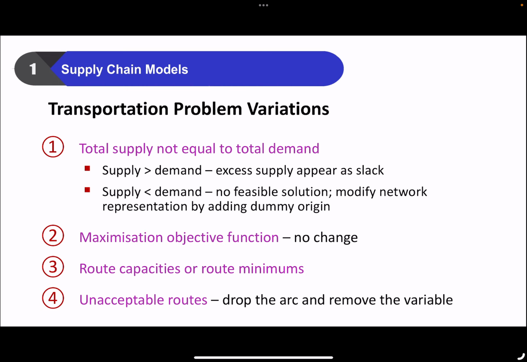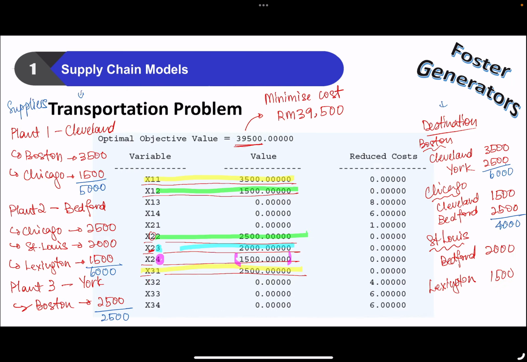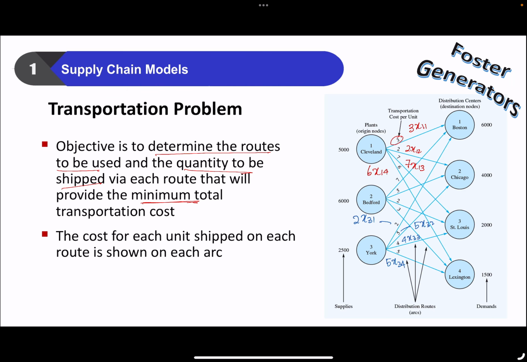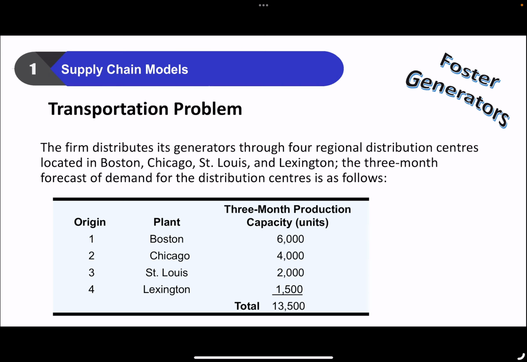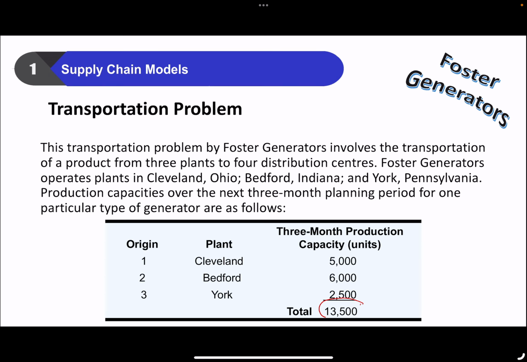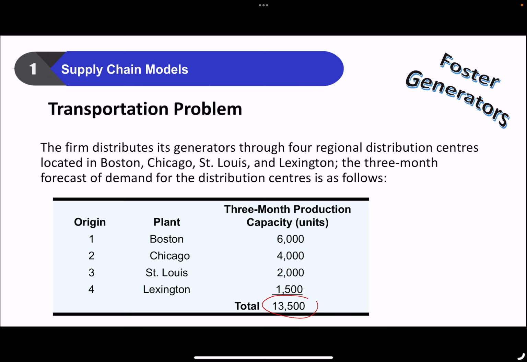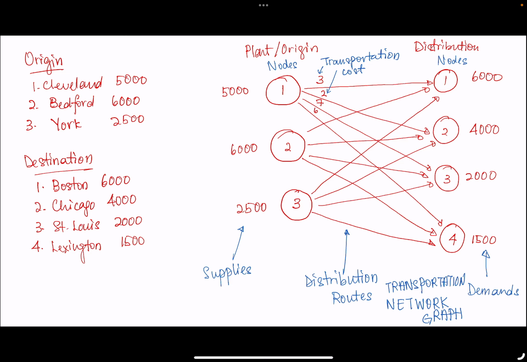There are various transportation problem variations. In our earlier example, the total supply is 13,500 and the total demand is also 13,500.